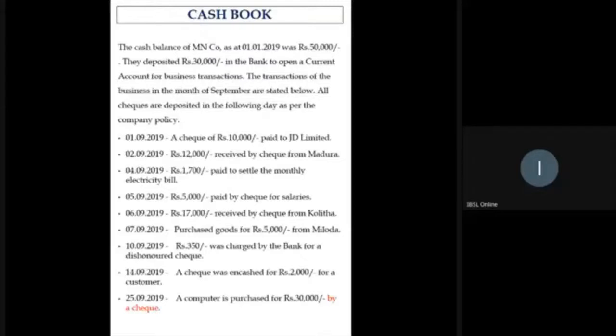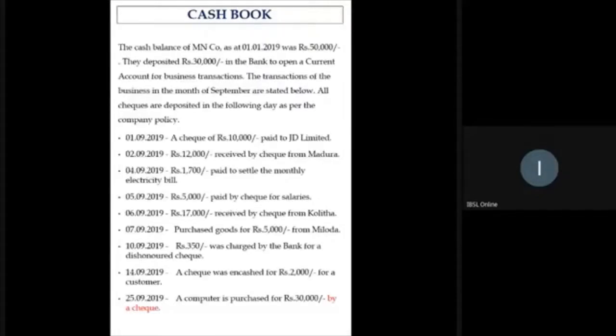On 1st of September 2019, a check of rupees 10,000 was paid to JD Limited. So what has happened here? They have paid to JD Limited, and this payment is in settlement of a debtor.